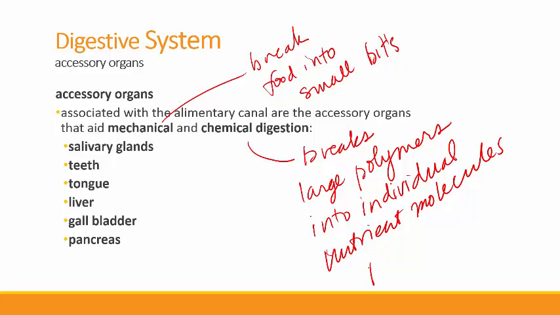So we take proteins and we break them into amino acids. Carbohydrates get broken into monosaccharides.